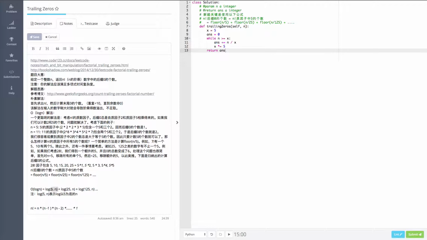Actually, it's just the log with base 5 of n: log base 5 of n, log 25, log 125. Each part is O(log n). So eventually, the algorithm complexity is O(log n).